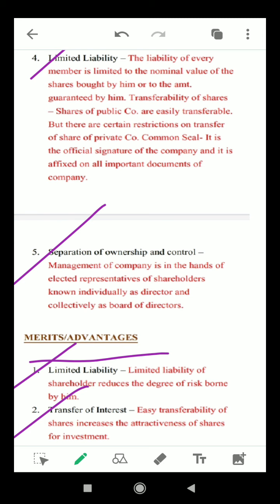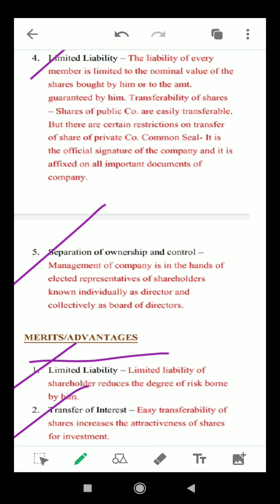The company does not return share money before its winding up, but the shareholders can easily sell their shares through the stock exchange market, and the stock exchange provides a free market for the purchase and sale of shares. So the facility of transferring shares encourages many persons to invest, and this provides liquidity to the investor.